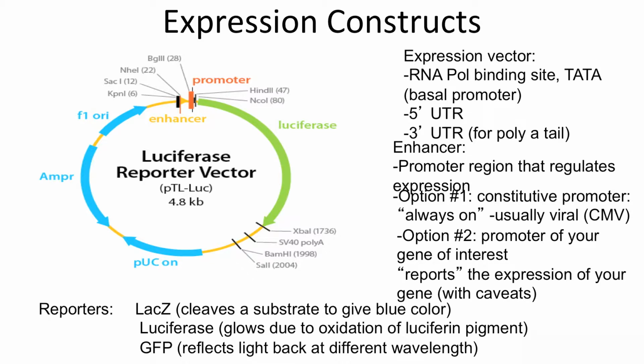In green here is the coding sequence for a gene called luciferase. Luciferase is the protein that fireflies make in their abdomen that glows, right? It's a protein that actually emits light. So it takes energy from the cell, it metabolizes that energy, and gives off wavelengths of light. It actually glows in the dark, right?